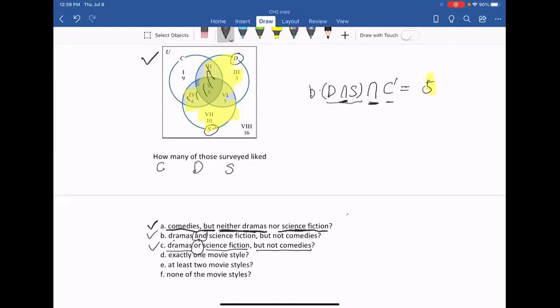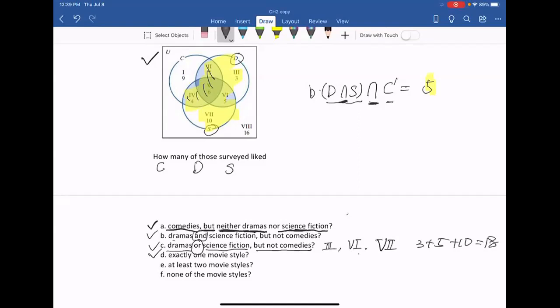So what regions are left? We have region 3, region 6, and region 7, which is 3 plus 5 plus 10, which is 18. Okay, let's move on.